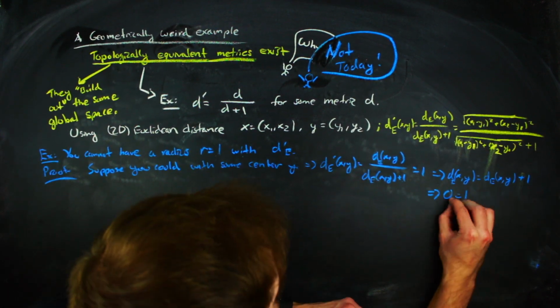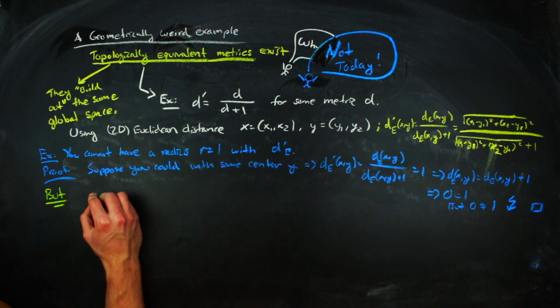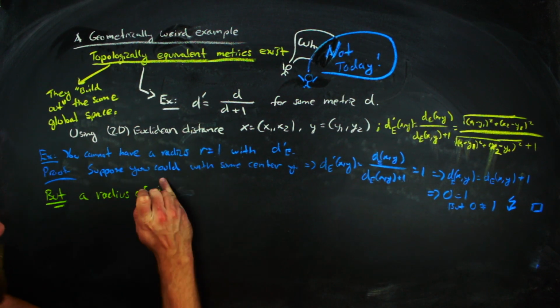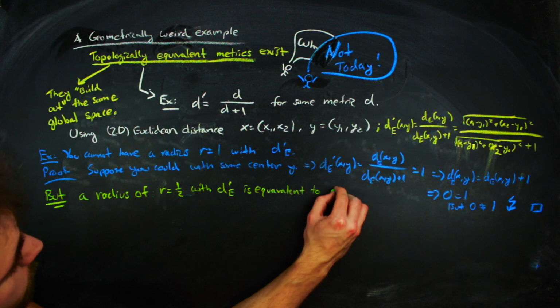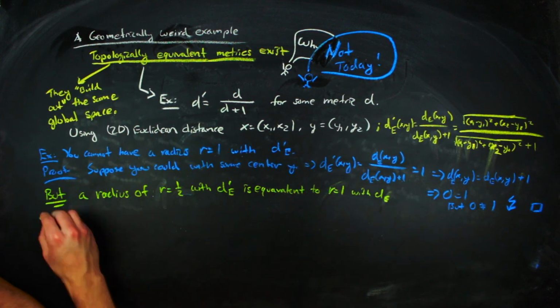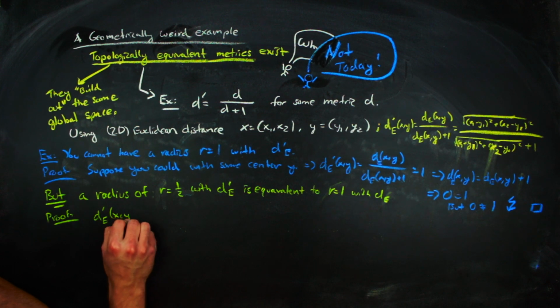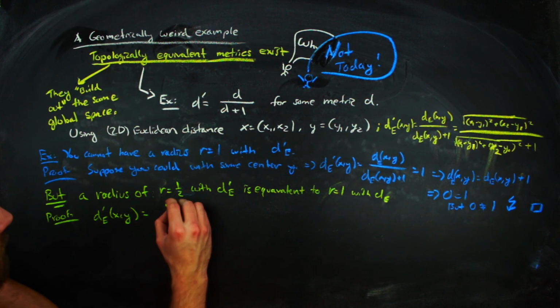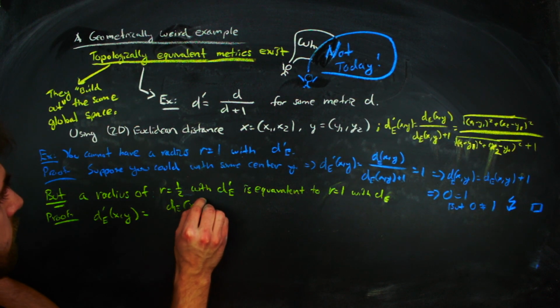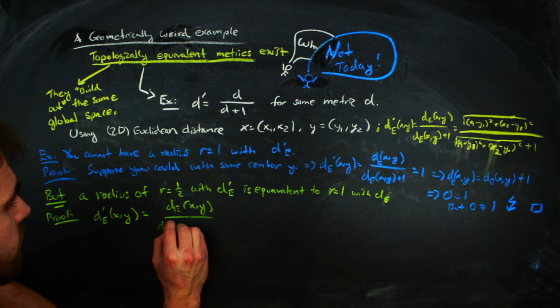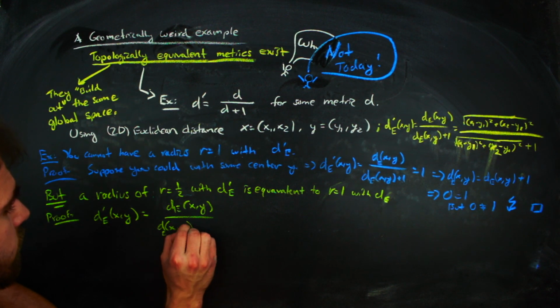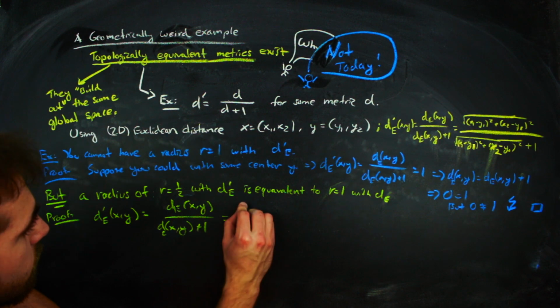But you can have a circle of radius 1/2 with this ratio metric that is equivalent to a circle of radius 1 with Euclidean metric. To see why, when we take a circle of radius 1/2, we need a set of x and y such that for every x, d prime sub e of xy is equal to d sub e of xy over 1 plus d sub e of xy, which is equal to 1/2.